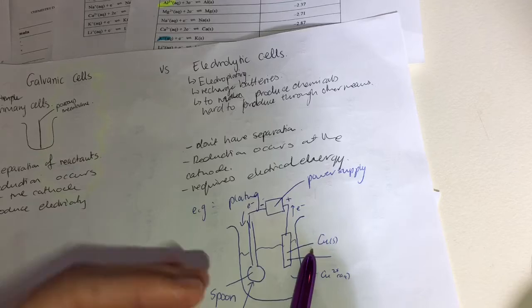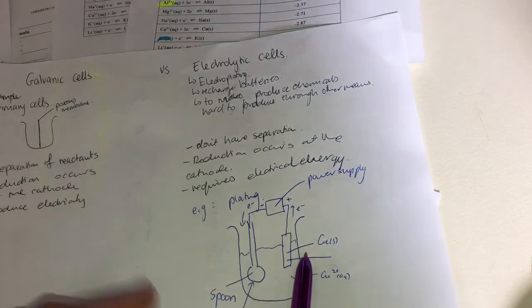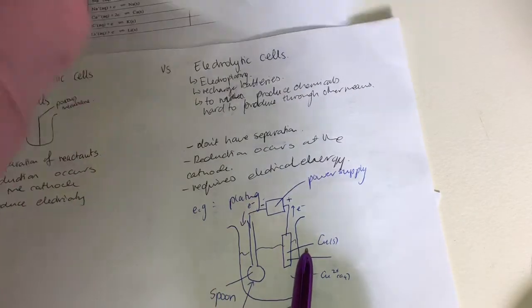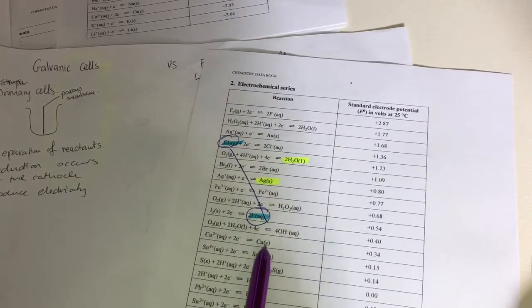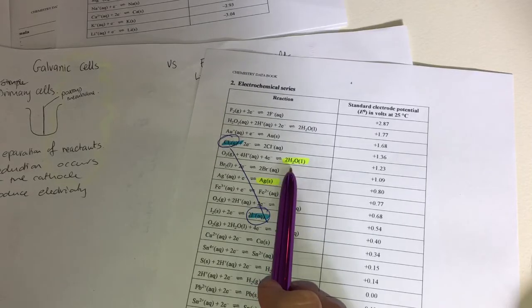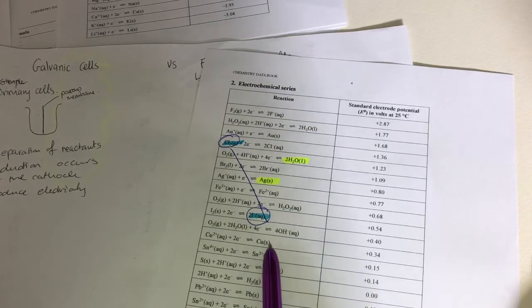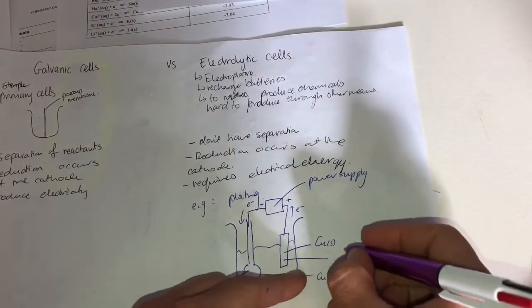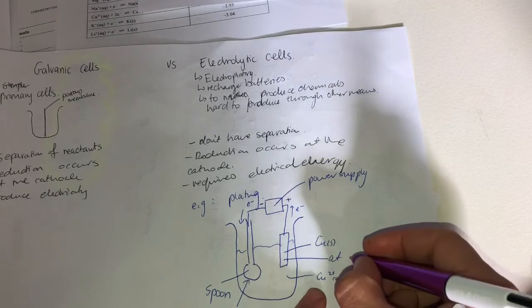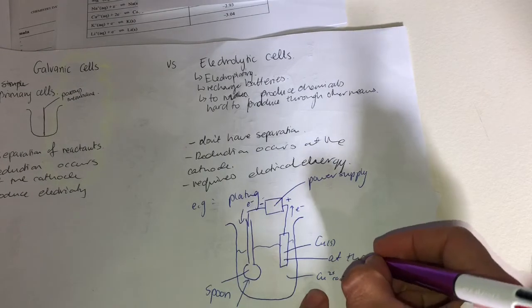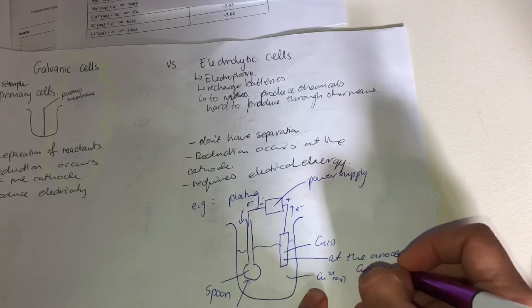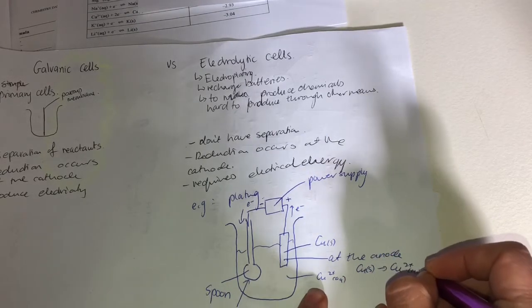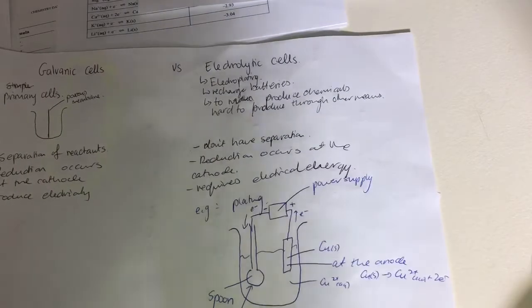Now the options for oxidation would be copper solid or water in this case, because they're the only two reductants present. But copper solid is stronger, so copper solid will actually be oxidized. So at the anode, we will have copper solid producing copper 2 plus and 2 electrons.